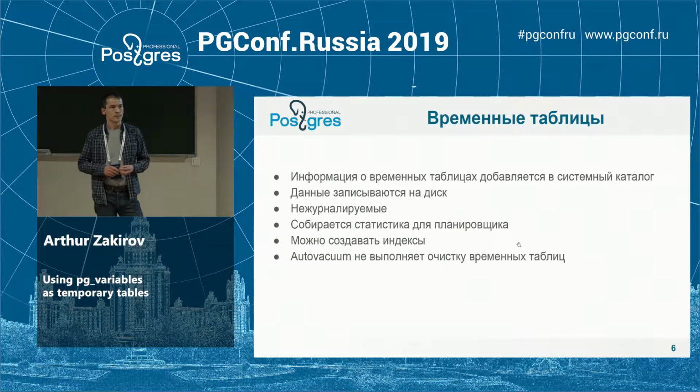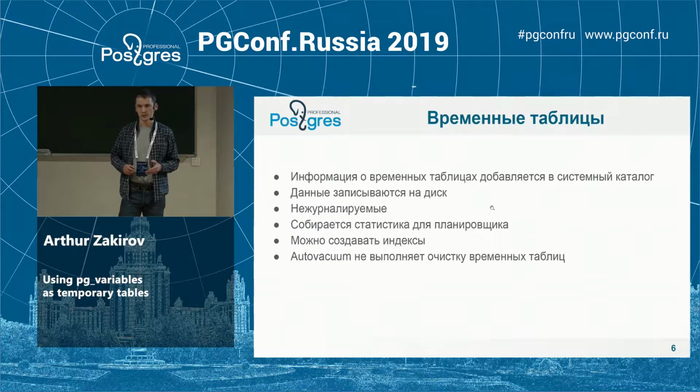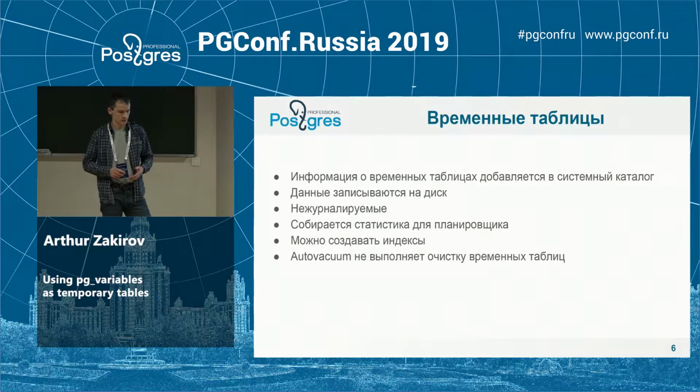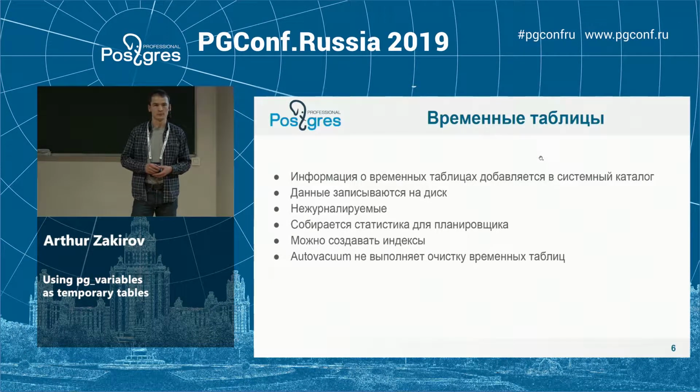Now, temporary tables. I think you know that at creation of temporary tables, information about the temporary table is added to the system catalog, firstly, and secondly, all, or perhaps not all, of the data from temporary tables is written to the SSD disk, and here they act as regular tables.